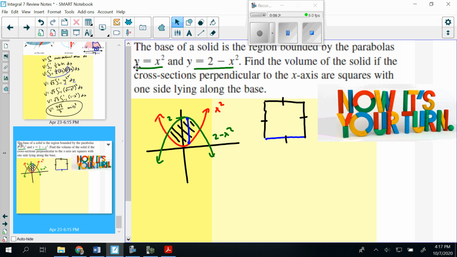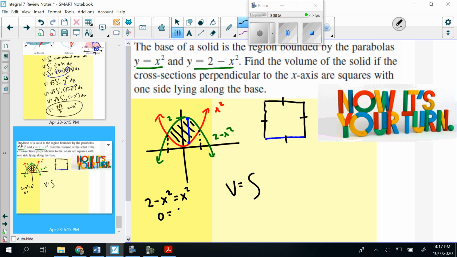All right, hopefully you've had time to attempt that. Let's see what that volume equation you came up with is. One thing we need is where these intersect, either from your calculator or by setting these equal to each other and solving. If you get everything to the same side, this would be 2x squared minus 2.